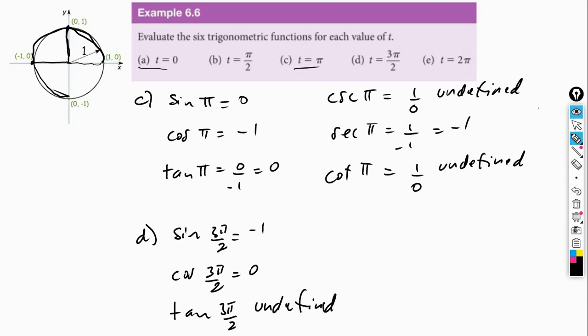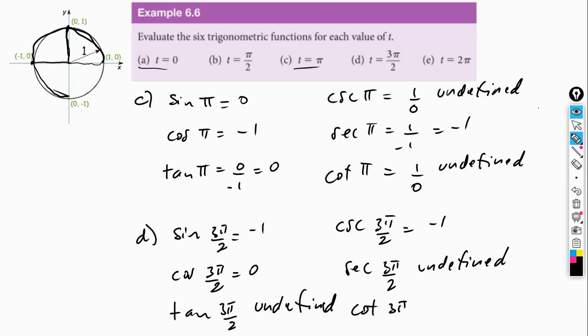Then the reciprocals: cosecant of 3 pi halves is going to be -1. Secant of 3 pi halves is going to be 1 over 0, so undefined. We should not use the equal sign there. And the cotangent of 3 pi halves is going to be 0.